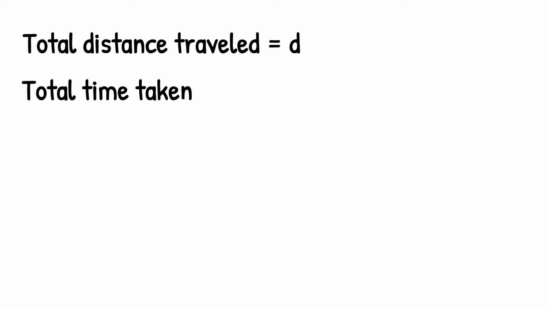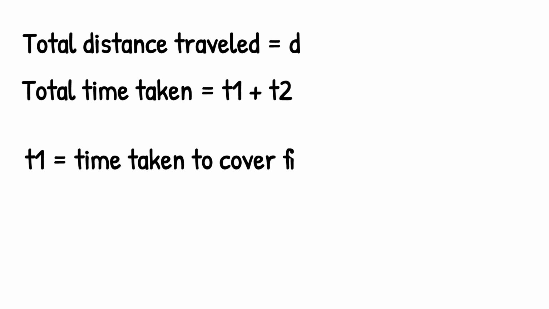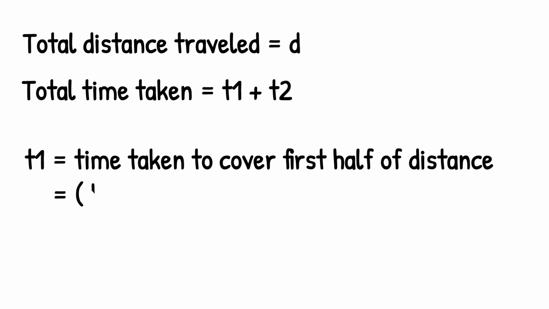So total time taken is t1 plus t2, where t1 is the time taken to cover the first half distance. We know that time equals distance by speed, and we get t1 equals d by 2v1.